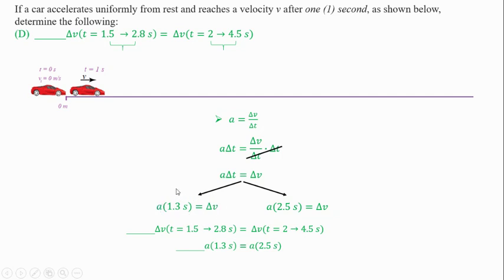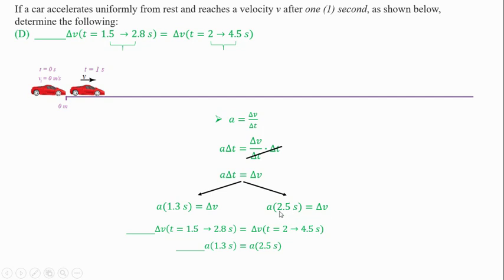So this delta V here is the first statement on the left. The 1.3 comes from taking the difference between 1.5 to 2.8 seconds. So we can say delta V is just A times 1.3 seconds, which is what I've written here on the left side. On the right side, delta V for 2 to 4.5 seconds. So delta V here is A times 2.5 seconds.